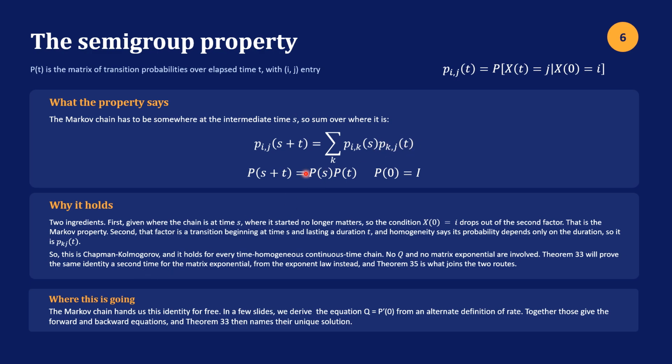This is the general, well, let's say the continuous form of the Chapman-Kolmogorov equations that we saw when we had discrete time transitions. And it holds for every time homogeneous continuous time Markov chain. So that's the important lesson from this slide here.